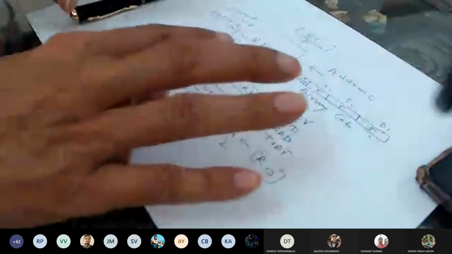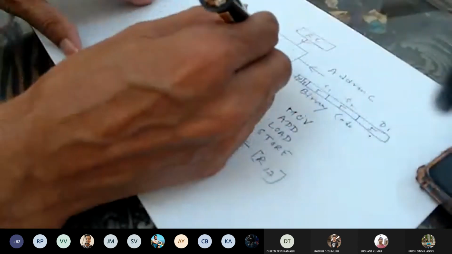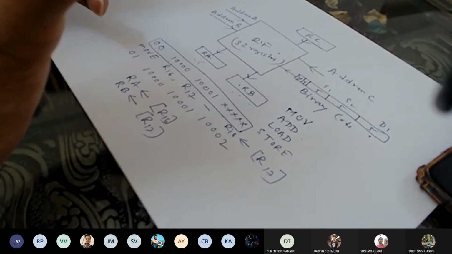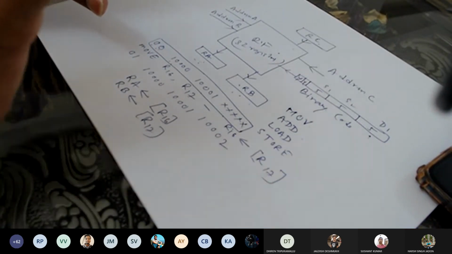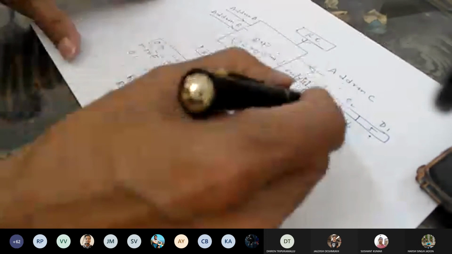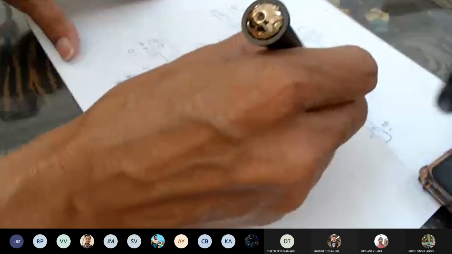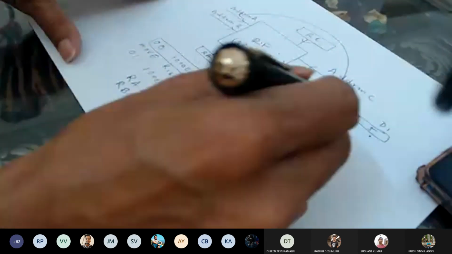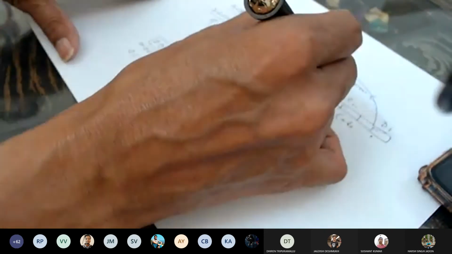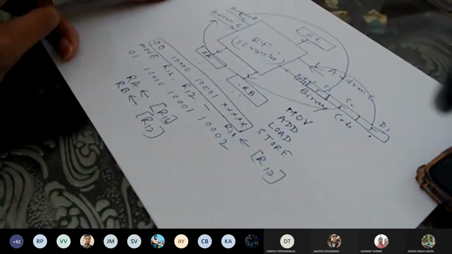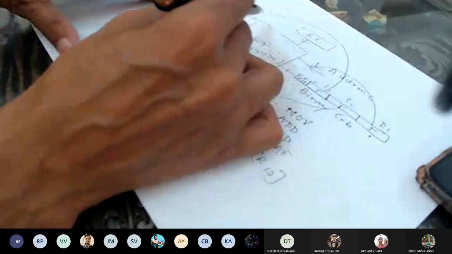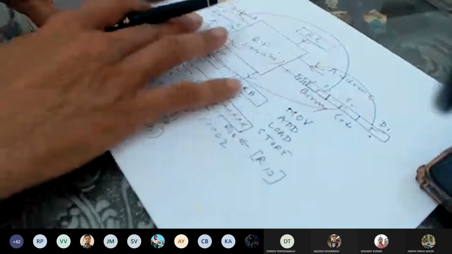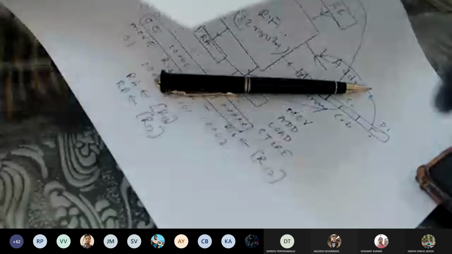It is only movement, either from here to here or from here to here. These 5 bits will directly go here, these 5 bits here, and these 5 bits here. Now you design the multiplexer, decoder, demultiplexer, whatever is needed to implement this circuit.